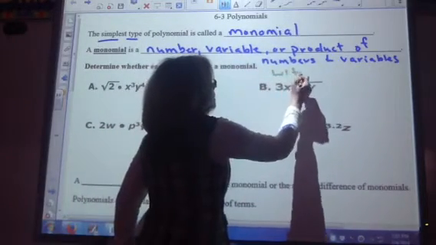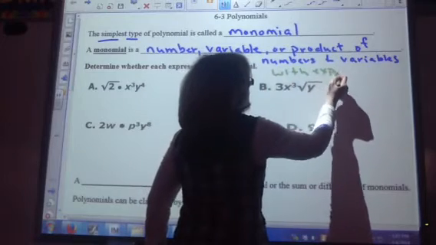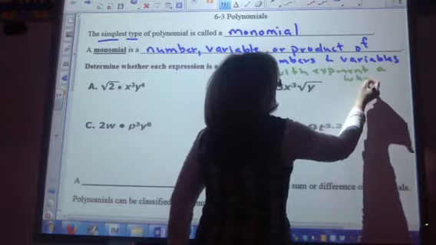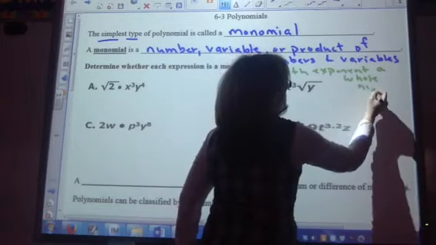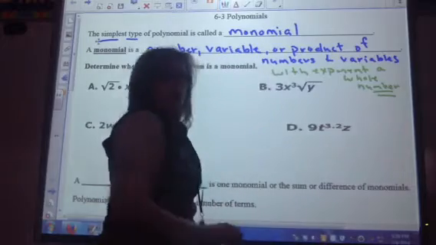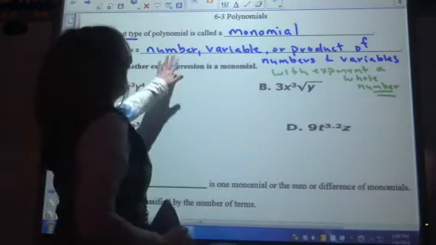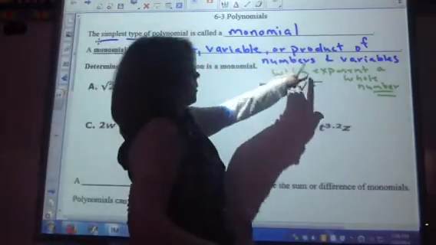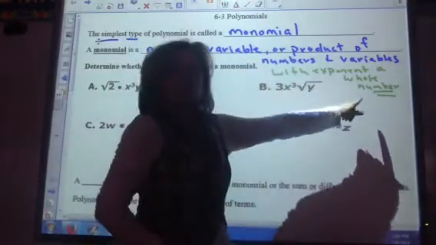And here's the key: with the exponent a whole number. Okay? So a monomial can be a number or a variable or the product of a number and variables with the exponent a whole number.